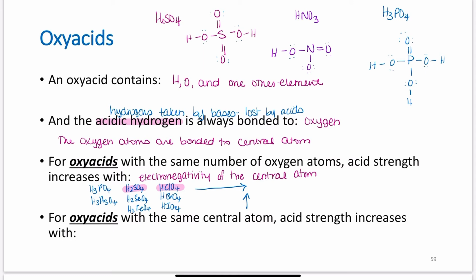For oxyacids with the same central atom, acid strength increases as I increase the number of oxygen atoms.